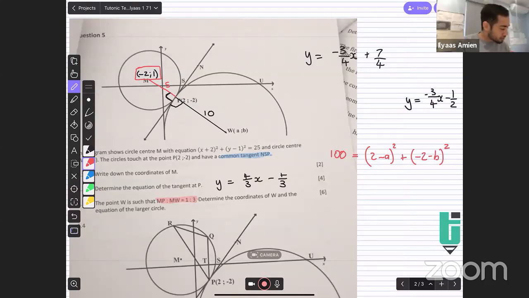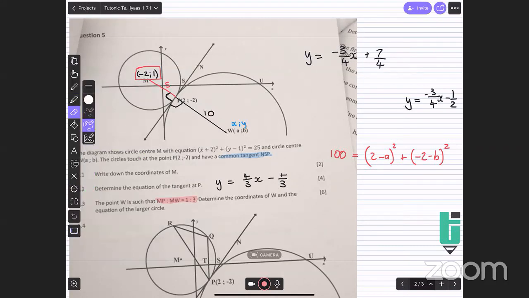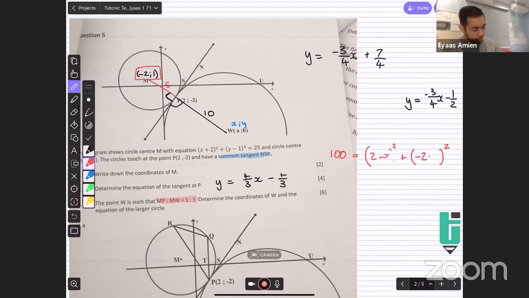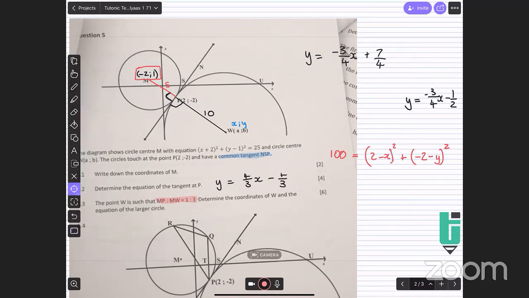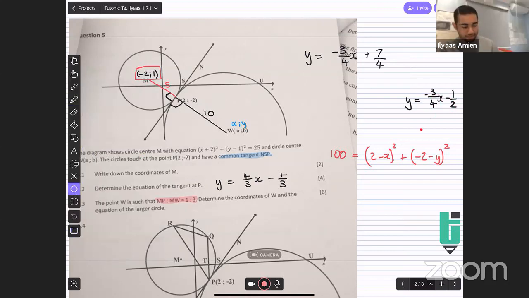But if we were just a bit clever, let's just change this to x and y. We can use the equation to just substitute it in there, then we only have one variable to solve for. Do you all see that? You substitute that for y in here.